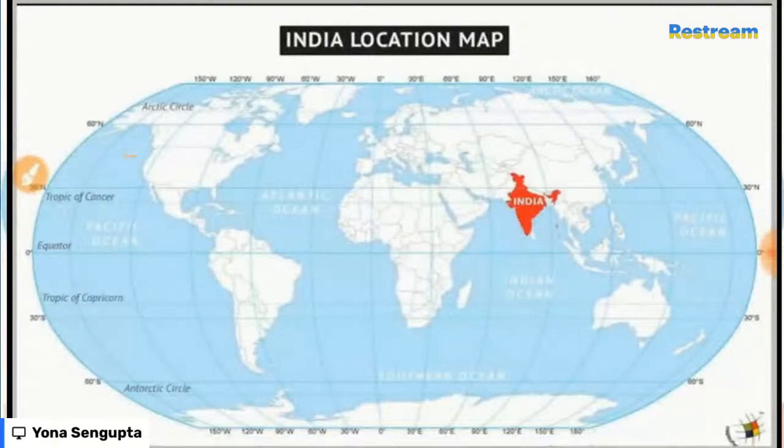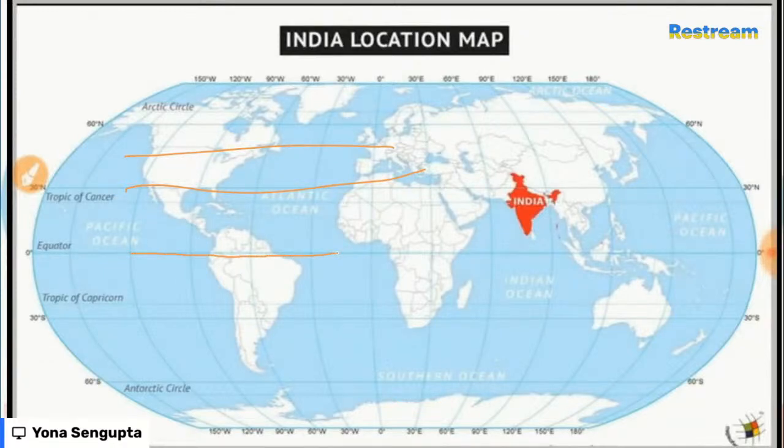Latitudes, as we all know, are this one. I don't have the pen with me, so it's very tough for me to draw here, but still I'm drawing. Okay, so this is the thing.